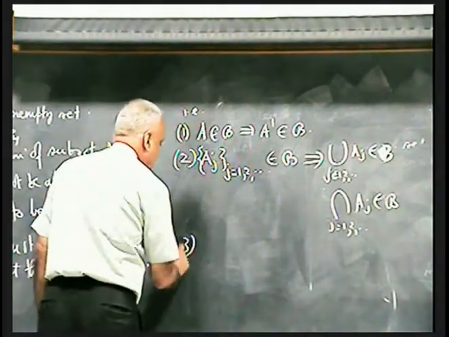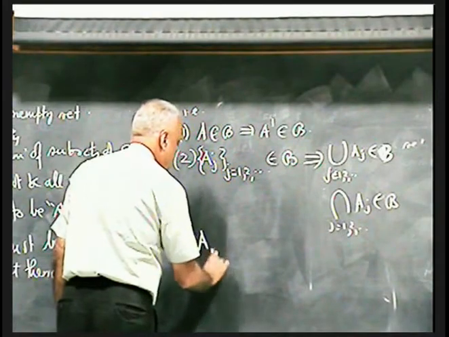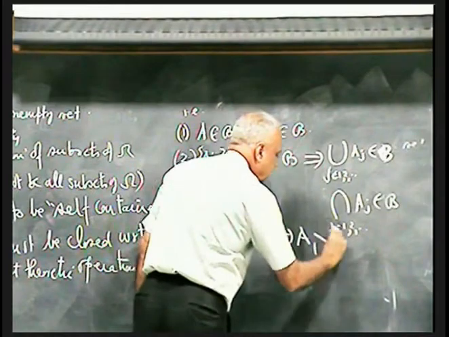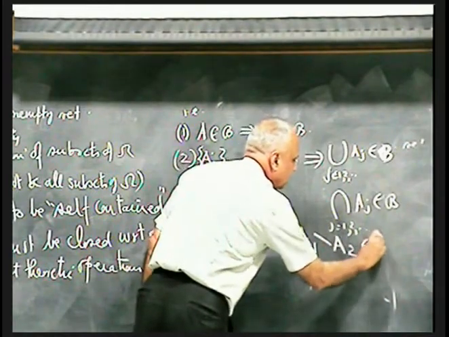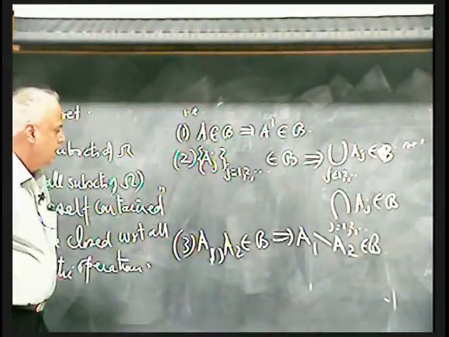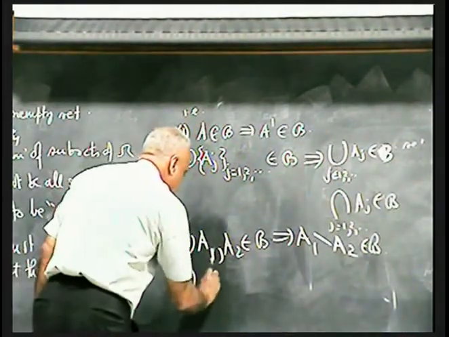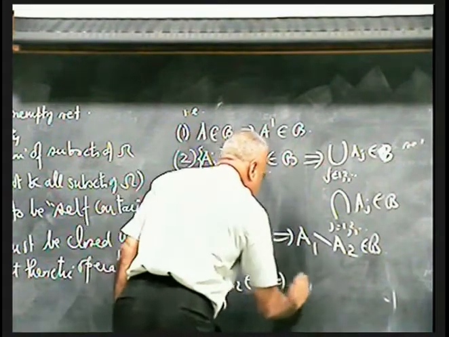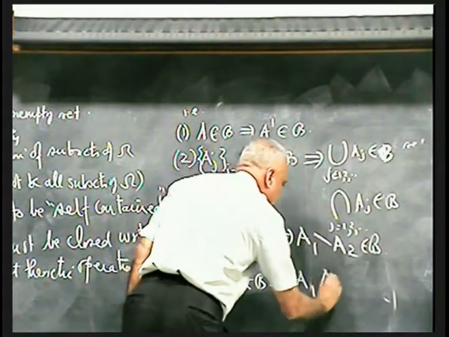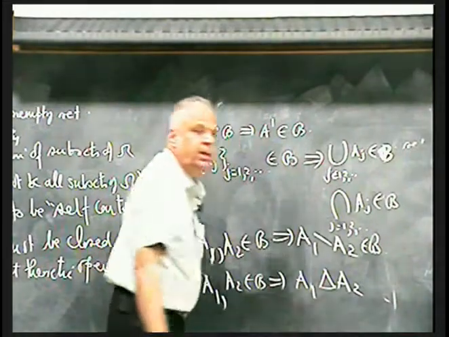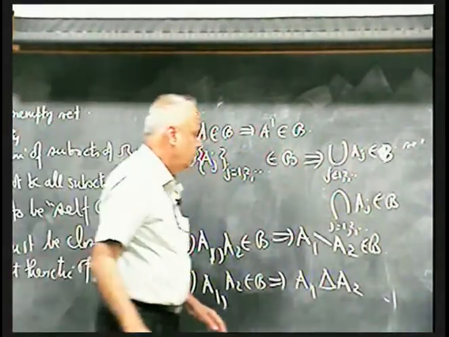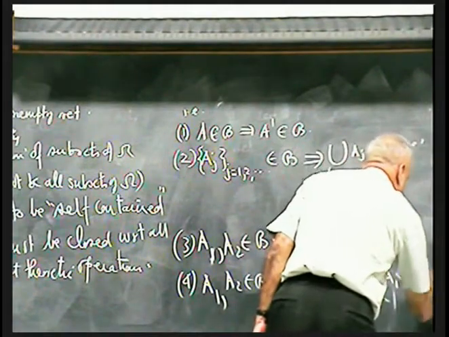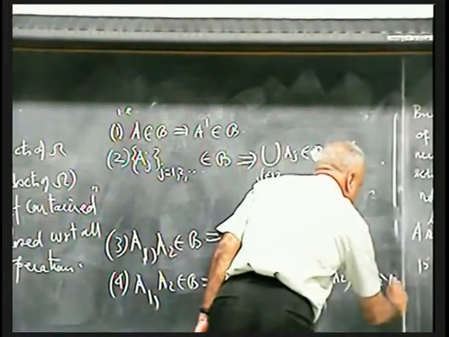And the third is, if A1, A2 are in this collection, the set theoretic difference must also be in that collection. And finally, if A1, A2 are in B, there is the symmetric difference, A1 delta A2, which is A1 minus A2 union A2 minus A1.